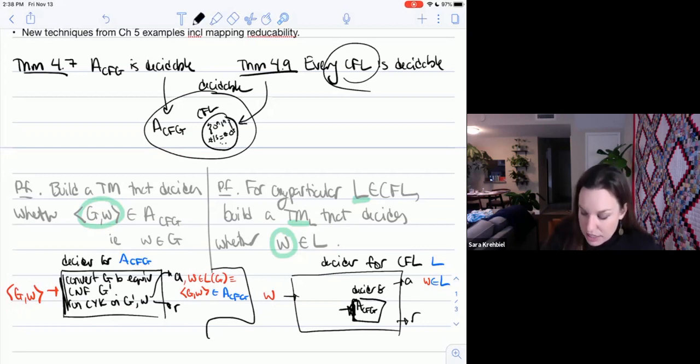That G is hard-coded into my machine in the form of L. So I know that any language has some context-free grammar associated with it. I know that any context-free grammar has some Chomsky normal form grammar associated with it. I actually don't even need to convert it to Chomsky normal form because my ACFG decider does that already.